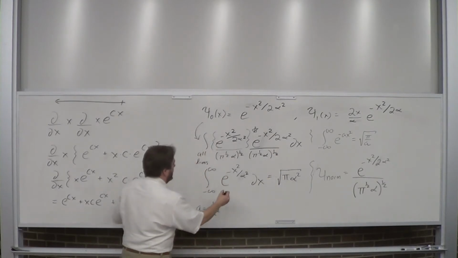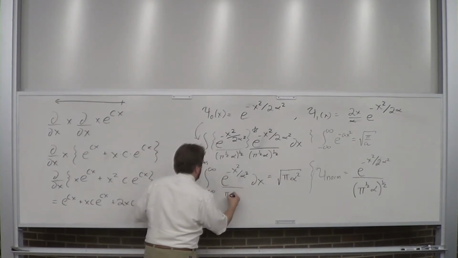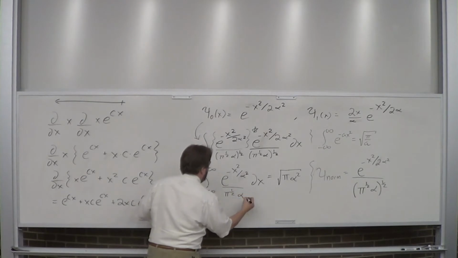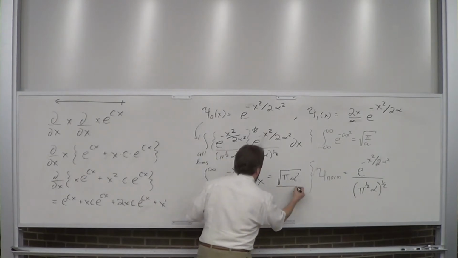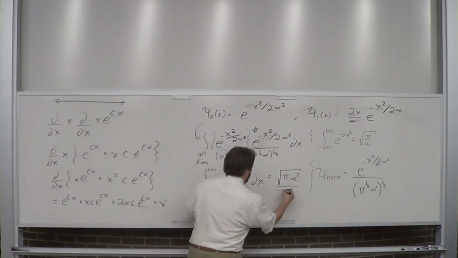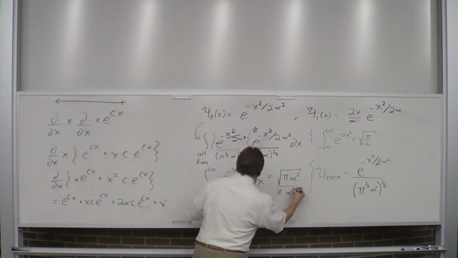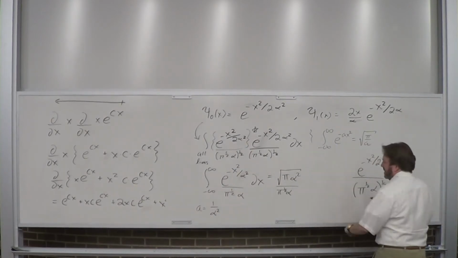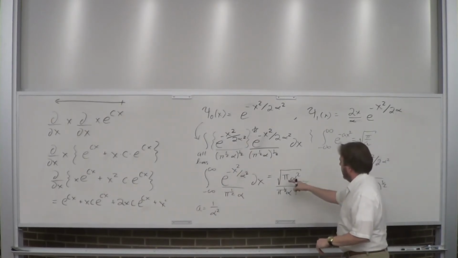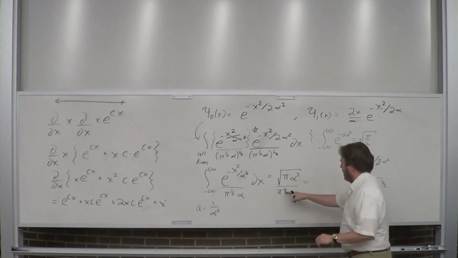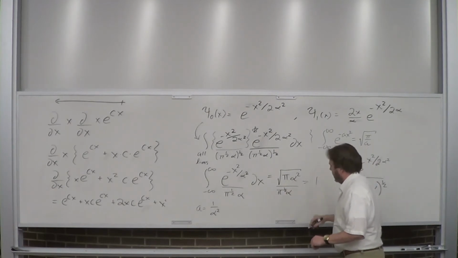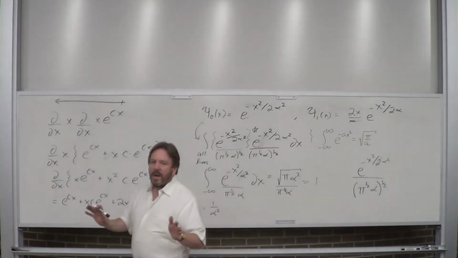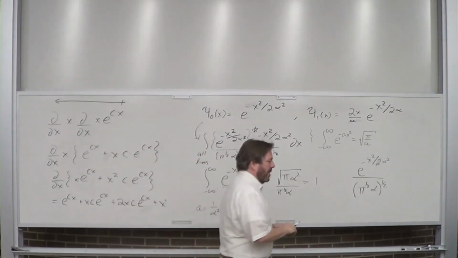So what you would have gotten then is constants remain by 1/2. Now I hate it when you run into mixed symbologies, but square root of pi alpha squared divided by square root of pi alpha is 1. So there you go. Anyway, I just wanted to walk you through that.